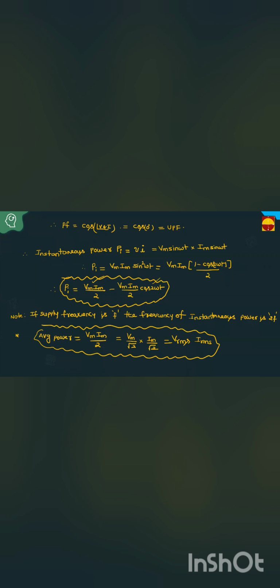There exists some average. Now, with this knowledge, if you try to draw the waveforms, friends, what is the supply voltage we are giving? Vm sin omega t. Okay, this observation is important.